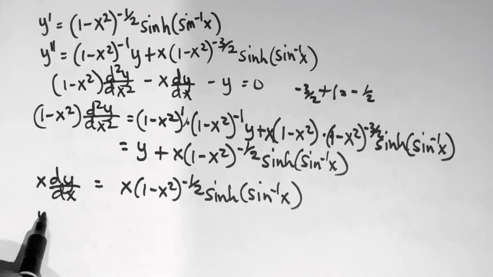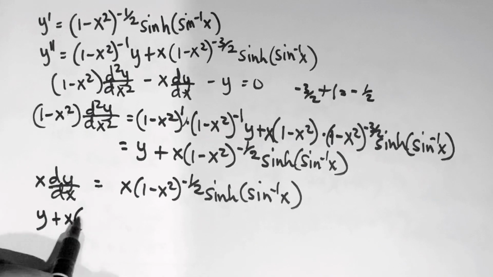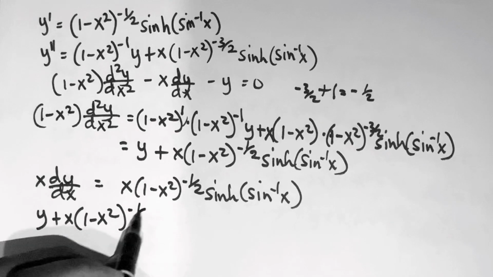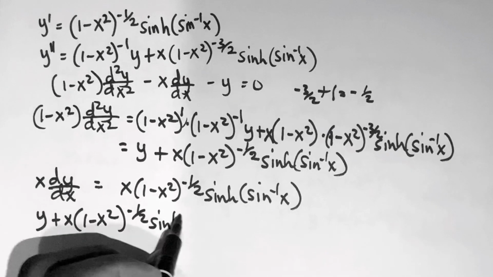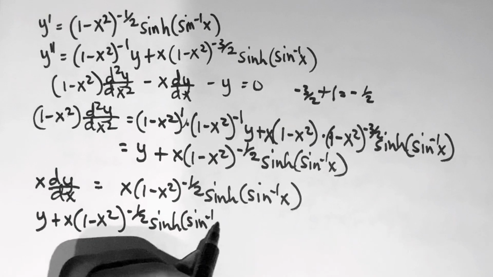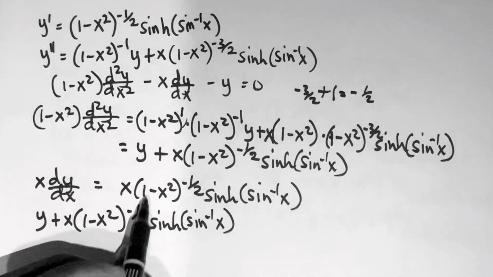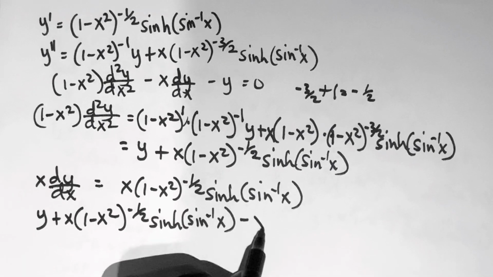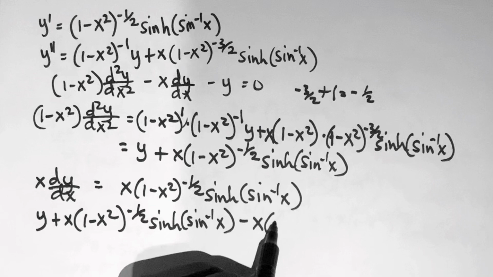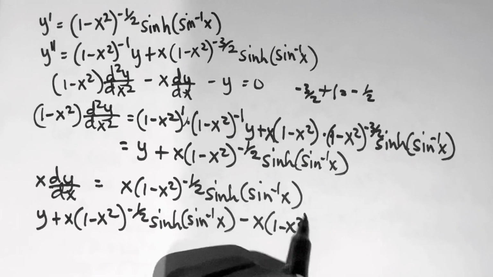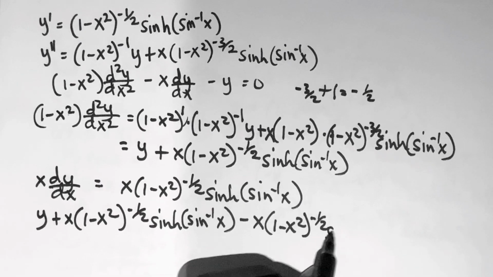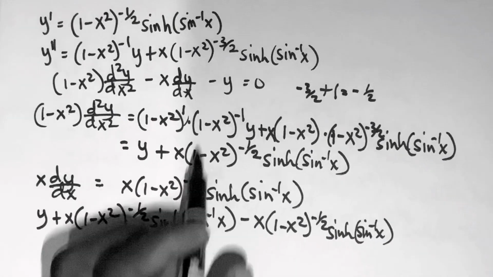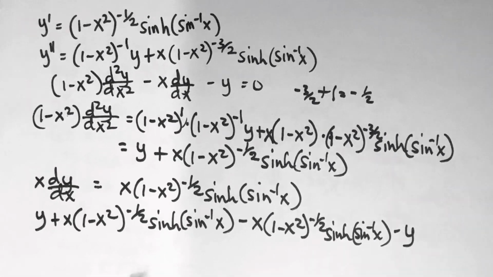So that is going to give us y plus x times (1 minus x squared) exponent minus 1/2, hyperbolic sine of sine inverse of x, then minus x dy/dx, so minus this term, so minus x into bracket (1 minus x squared) exponent minus 1/2, hyperbolic sine of sine inverse of x, then minus y, so minus y.